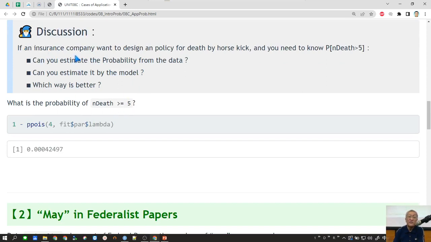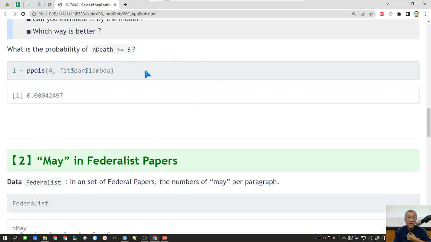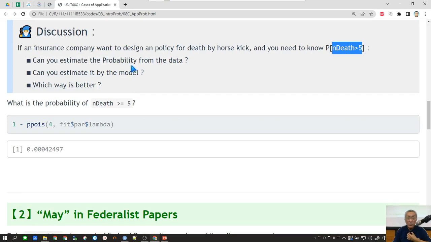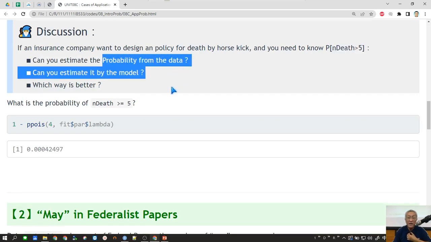Now consider this case. If you are an insurance company and you want to design a policy for deaths by horse kick, you need to know the probability of the number of deaths larger than 5. First thing is, can you estimate this probability from the data?